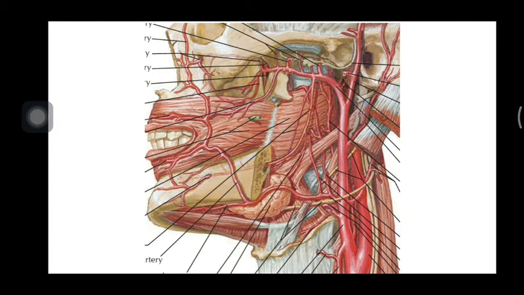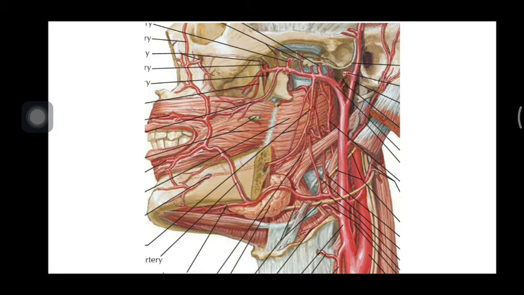The submental artery of the cervical part of facial artery anastomoses with the submental branch of the mental branch of the inferior alveolar artery. Also, this is the inferior labial artery, which is a branch of the facial part of the facial artery. This inferior labial artery also anastomoses with the submental artery. Here also the anastomosis occurs.